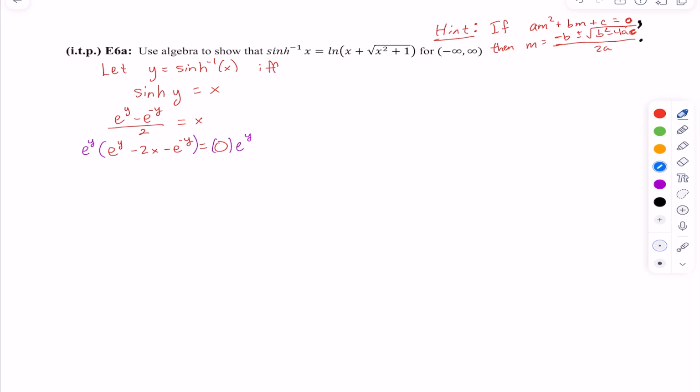In doing so, we get this equation. Now this equation is quadratic in form. If you notice that m is equal to e to the y, then this equation is quadratic in form, and we could go ahead and use the quadratic formula to solve for e to the y.